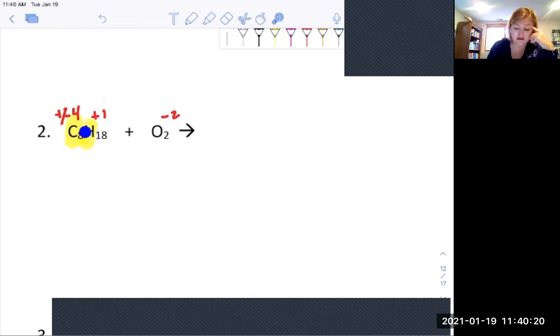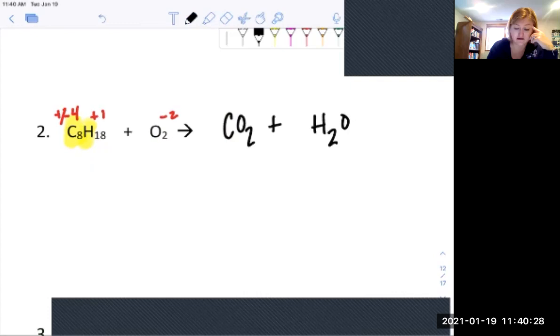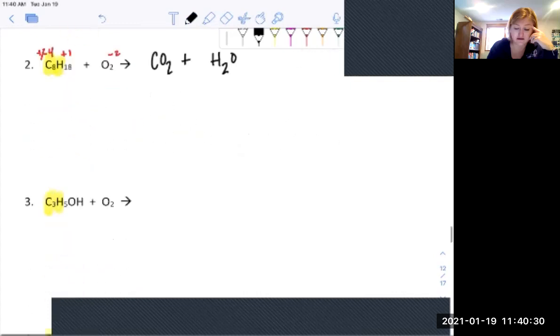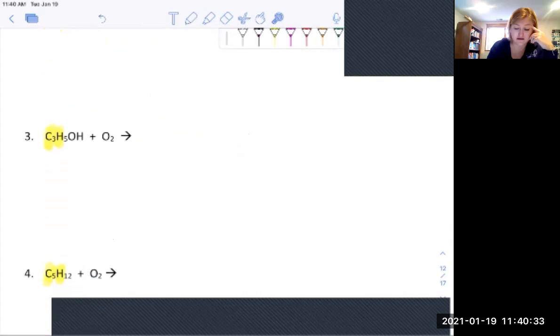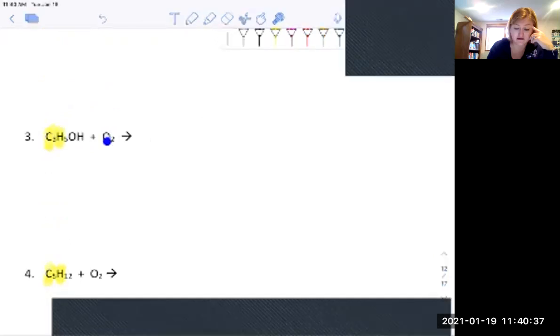Yep, it's carbon and hydrogen. So my products will always be carbon dioxide and water, every single time. Here, I have a carbon-hydrogen-based molecule trying to bond with oxygen. Every single time, carbon dioxide and water.